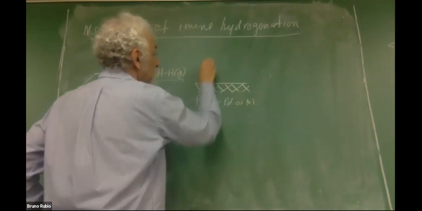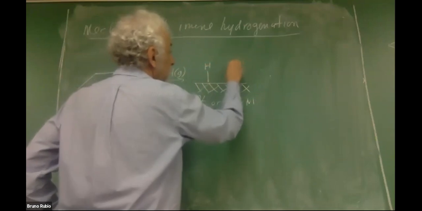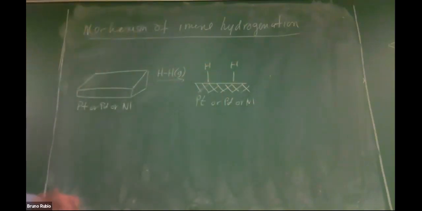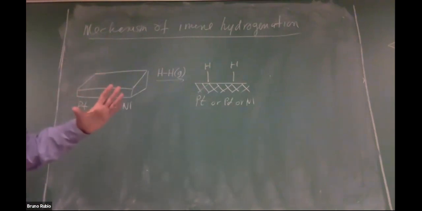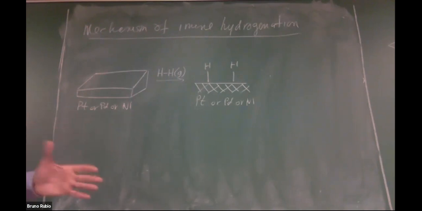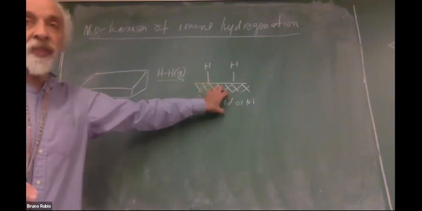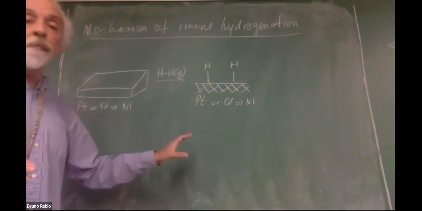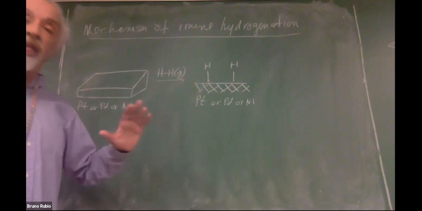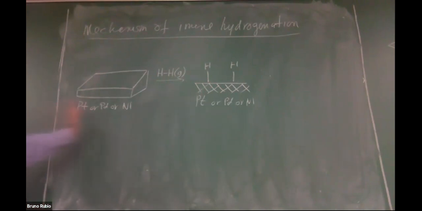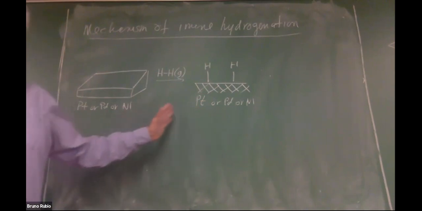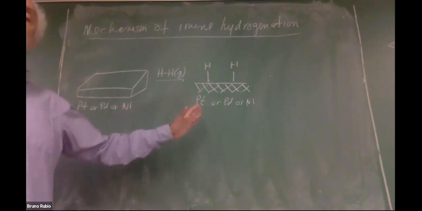These two hydrogen atoms used to be bonded together, but now that bond breaks and they become bonded to the surface of the catalyst. On this catalyst surface, you have platinum, palladium, and nickel atoms, and so now the hydrogen is bonded to those atoms.